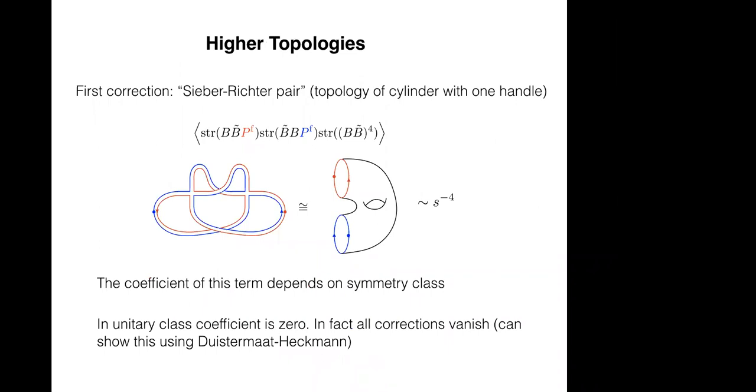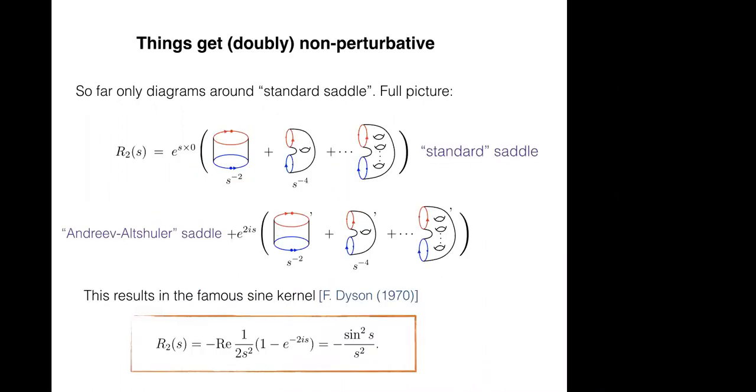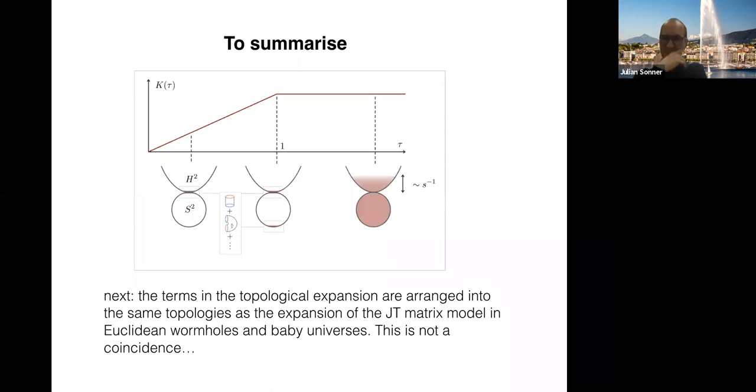Sorry, Julian. So if you have two saddles which are connected by a Weil symmetry, then how come one of them is subdominant? I'm missing something very simple, perhaps. Well, it is subdominant only at the beginning of this ramp, but it actually competes.